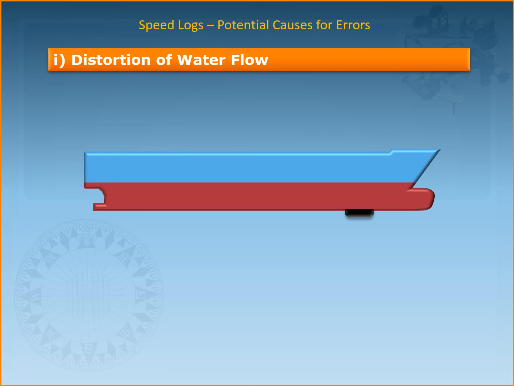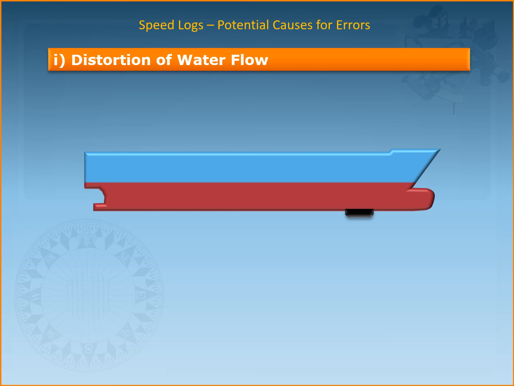So this section on potential causes of errors refers to the electromagnetic logs in particular, not so much to the Doppler log, because the Doppler log does not depend on the flow of the water across the transducer.